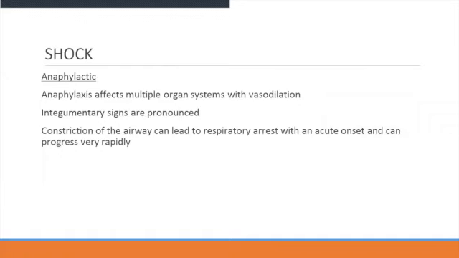It's going to cause massive vasodilation, and it's also going to cause the body to swell due to an excessive amount of edema. You also have an excessive amount of mucus production that can easily clog up the airway, actually constricting or even hindering airflow altogether.